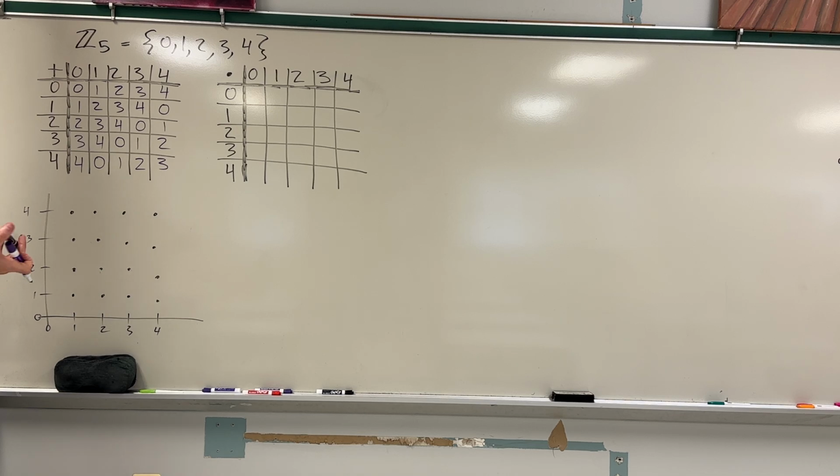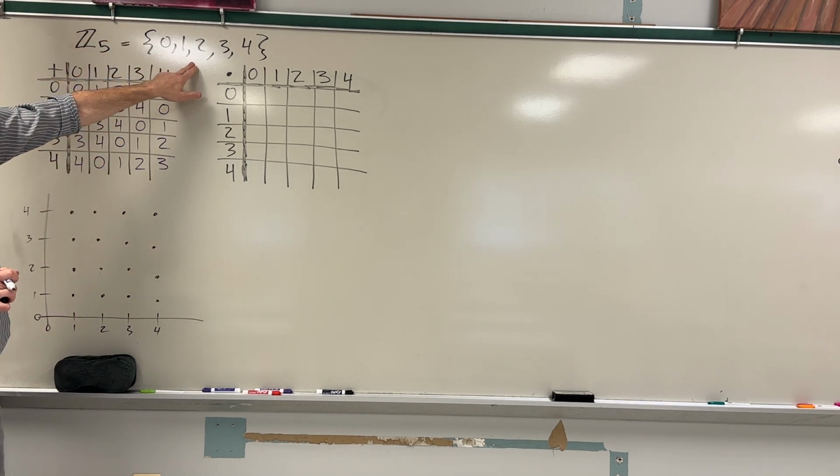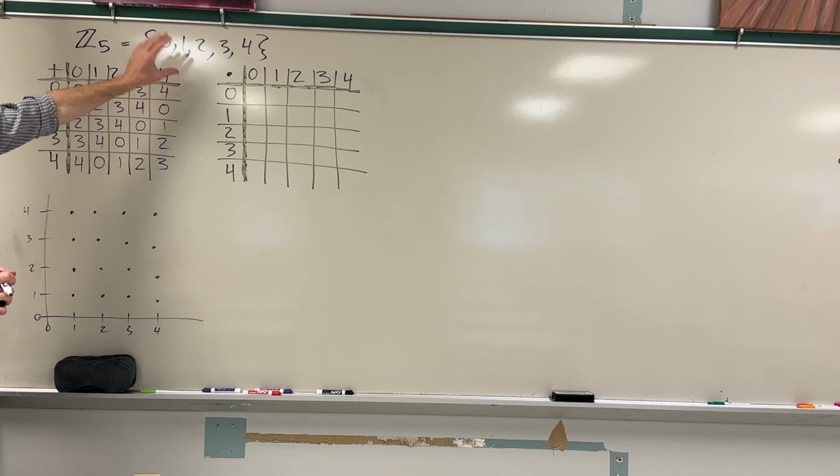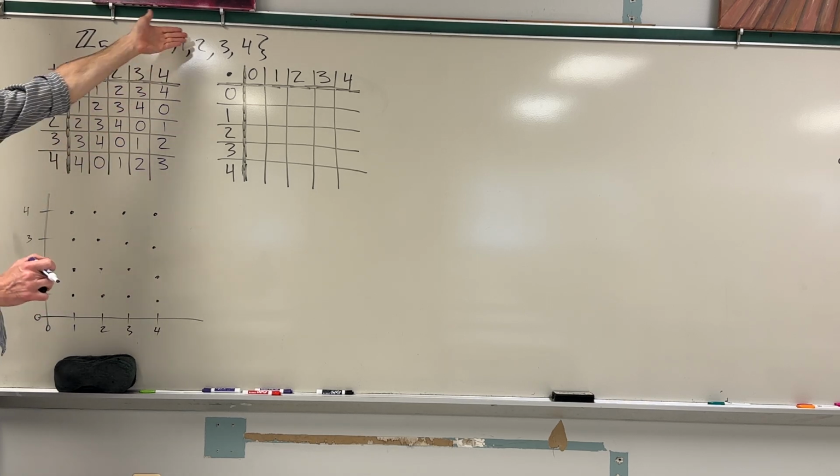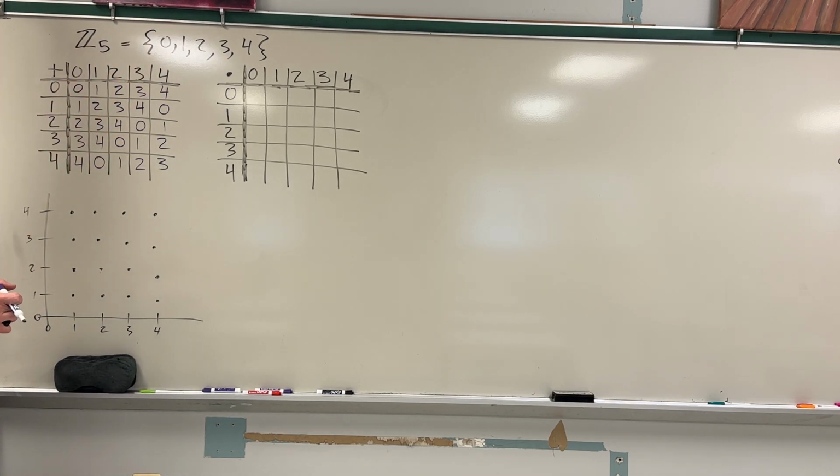We can notice some things about this table. First of all, this addition operation is closed under this set. That is to say, if you take any two elements whatsoever from this set and add them together according to this rule for addition, you always get a number that is in this set. Also, as I already mentioned, the addition is commutative.